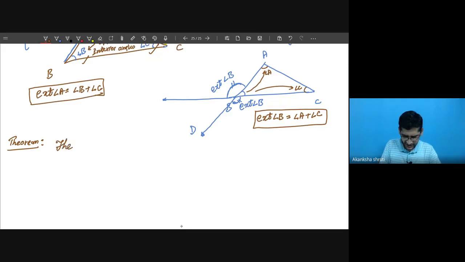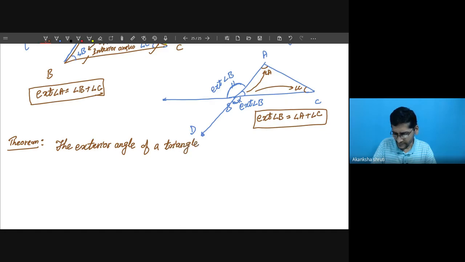The exterior angle of a triangle is sum of its two opposite interior angles.